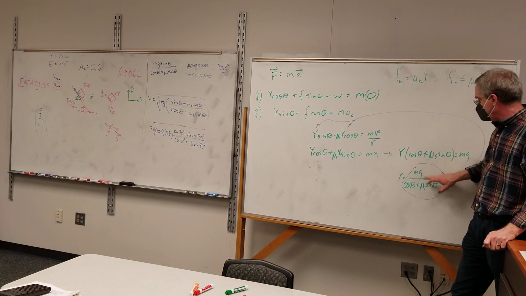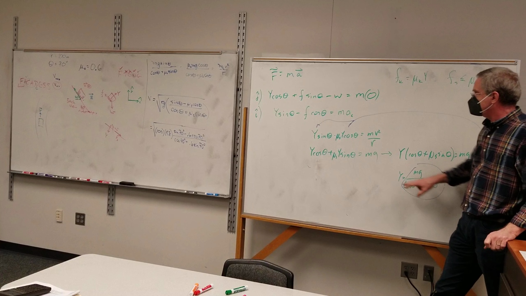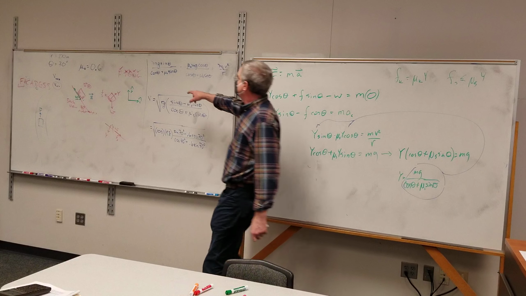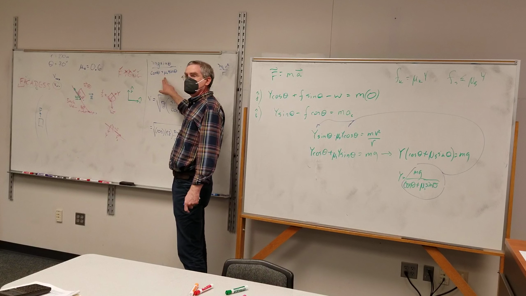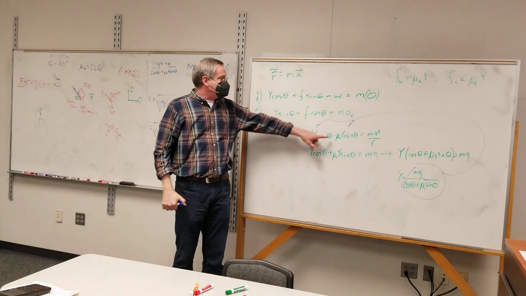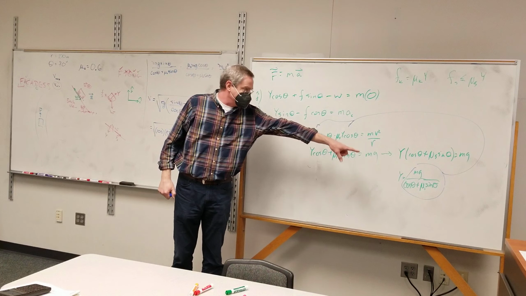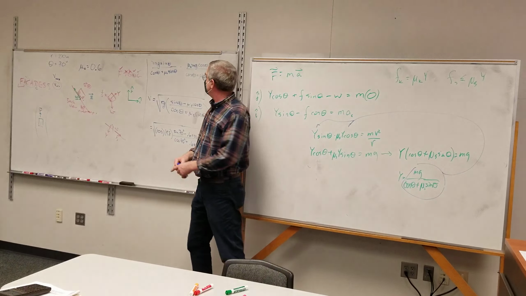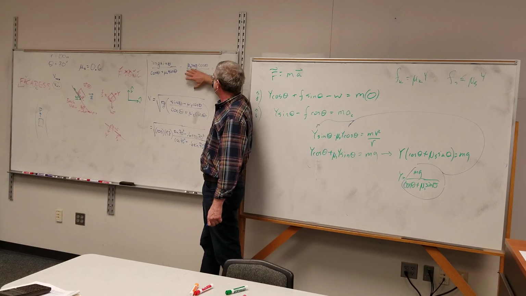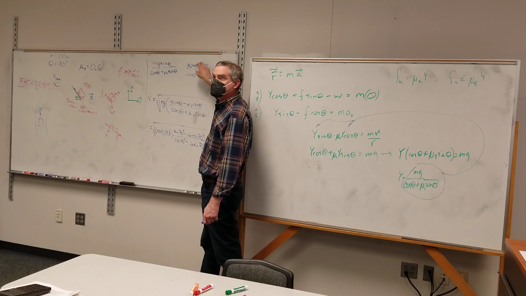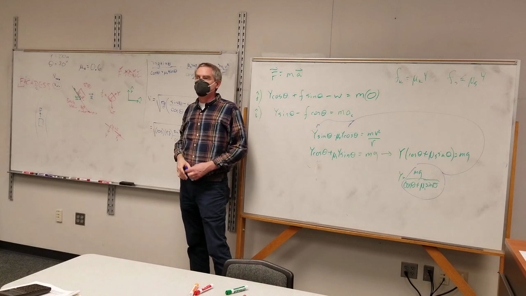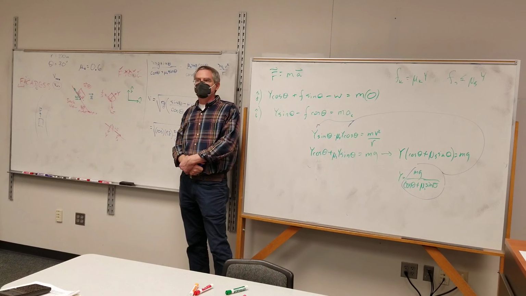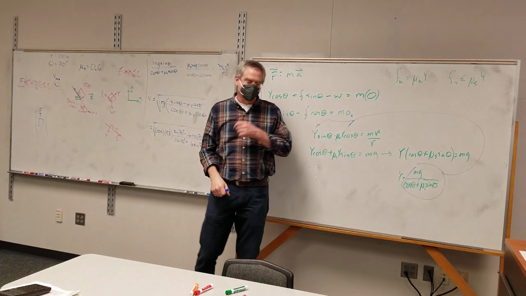So I have mg over this denominator times sine of theta, so I end up with mg sine theta over that denominator, minus mu s times mg over this denominator times the cosine of theta. So you're just substituting that top equation for y. Yes, from what we got from the other. Okay, makes sense. Thank you.